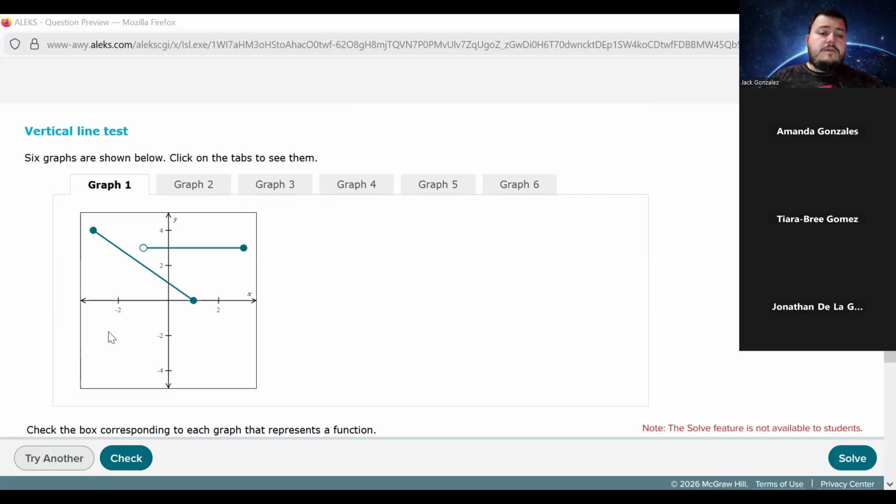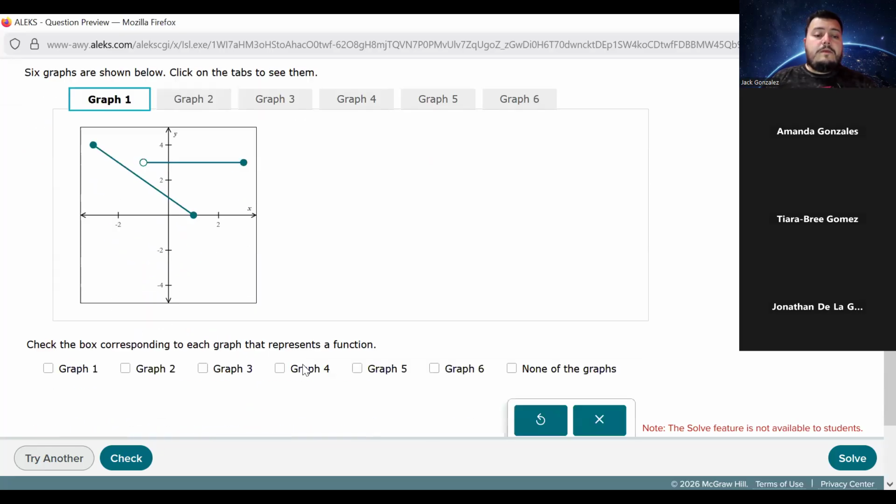So if you draw vertical lines, you can't touch two or more points. Otherwise, here it is. Draw a vertical line, and if it hits more than one point on your graph, it's not a function. So you would say no here. So that one's a no.